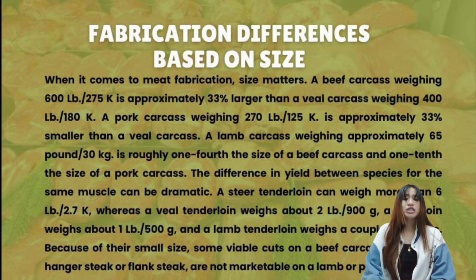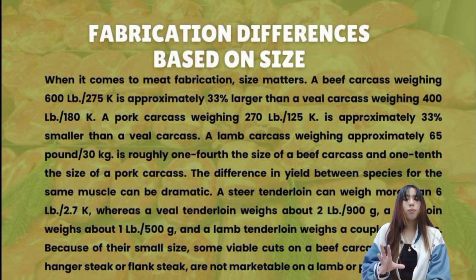So the difference in yield between species for the same muscle can be dramatic. A steer tenderloin can weigh more than 6 pounds or 2.7 kilos, whereas a veal tenderloin weighs only about 2 pounds or 900 grams.